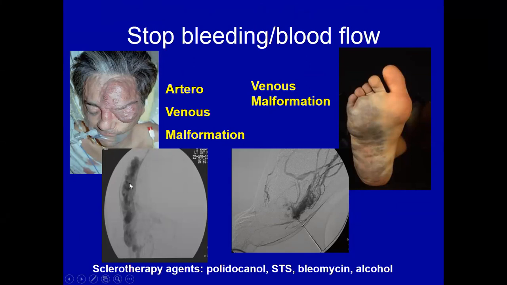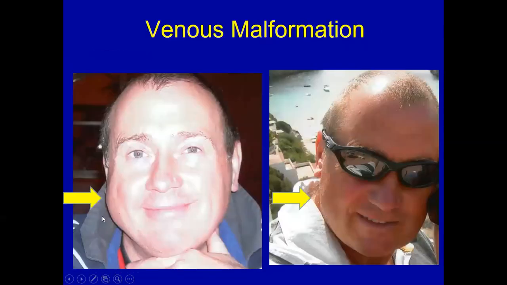So this is a catheter going through this lesion here in the soft subcutaneous tissues. So this is an arteriovenous malformation, a very highly pulsatile mass, compared with a venous malformation that just looks like a varicose vein. And a lesion like this, you can just put needles through it and then inject it with one of those agents. And this is just one example of what will happen. This swelling here completely resolved.